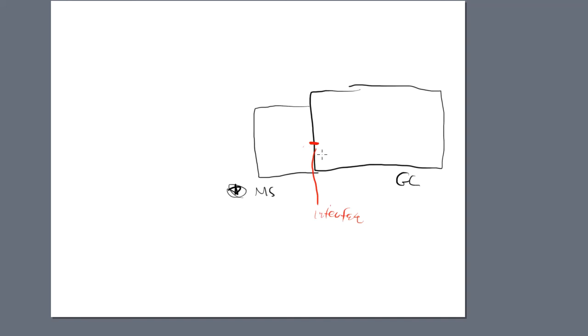What happens is that if this is not hot enough, I could have a component that comes into the machine, travels through the GC around and around through the column, as we call it, and then eventually makes its way over to the exit point of the GC. If this interface is not hot enough, then we run into the problem of contamination.